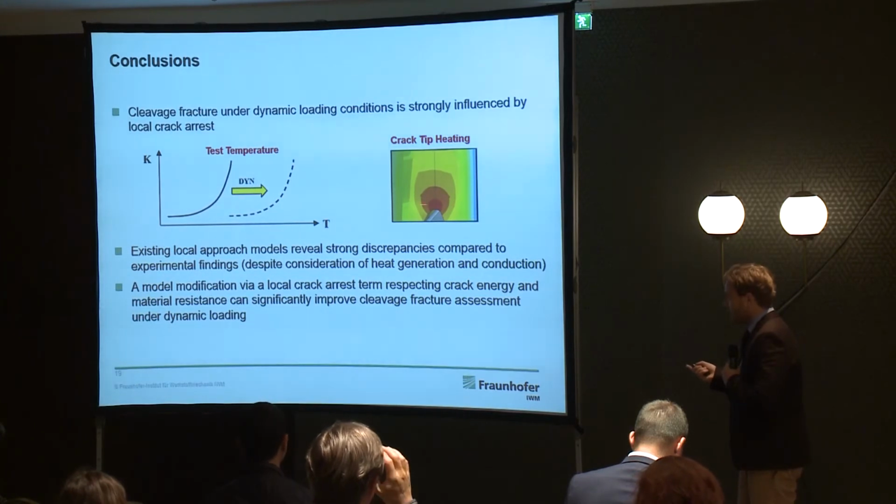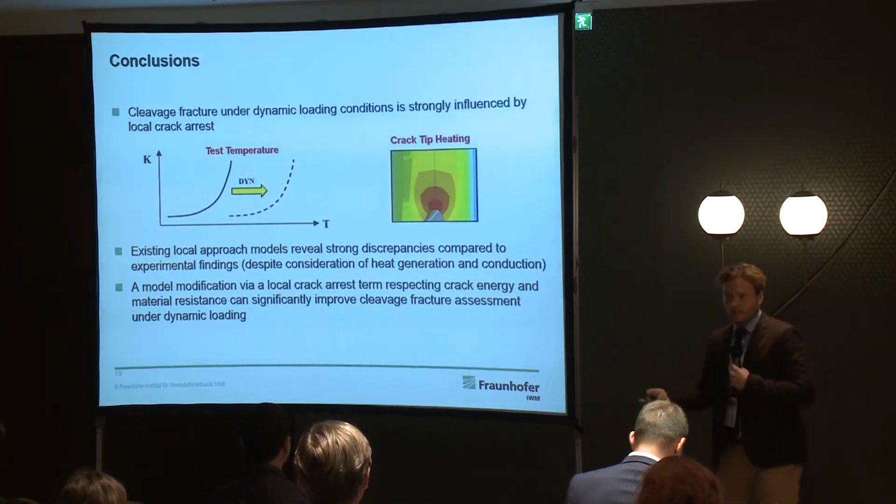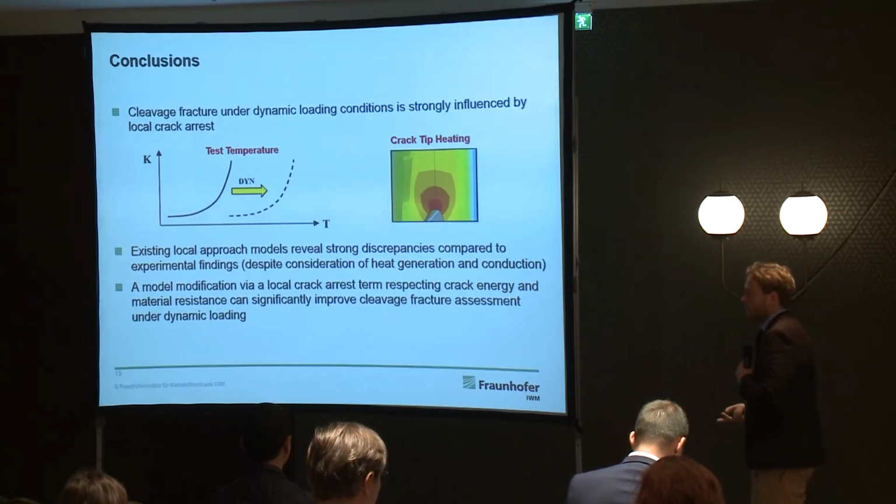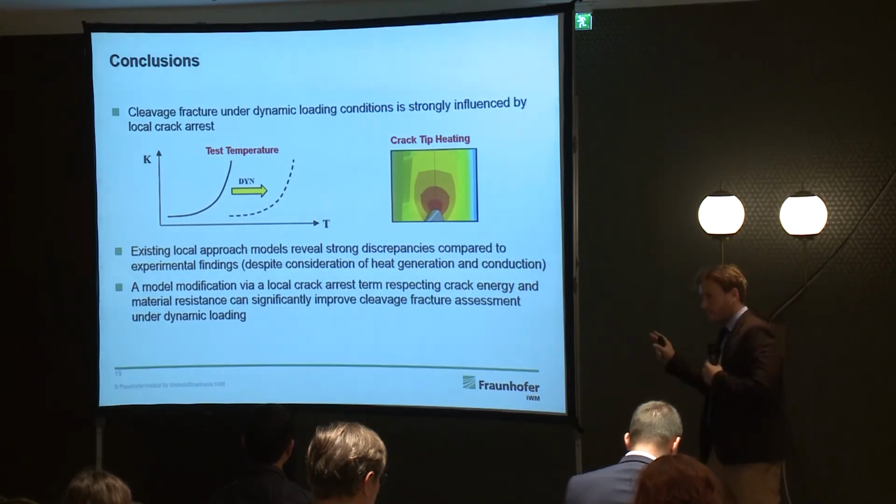Also, in addition, we have the temperature gradient because of the adiabatic heating processes, which add to that. So we have an overall increased temperature, which increases the crack arrest probability.